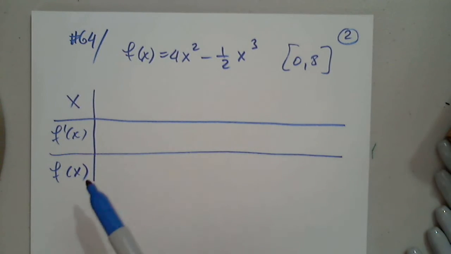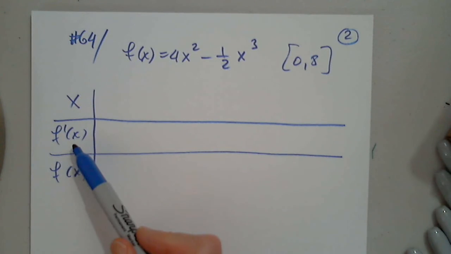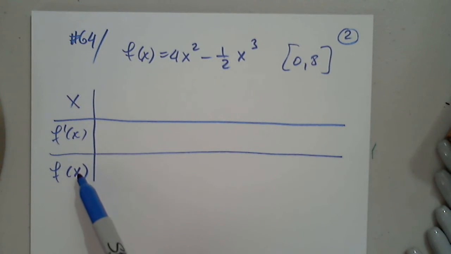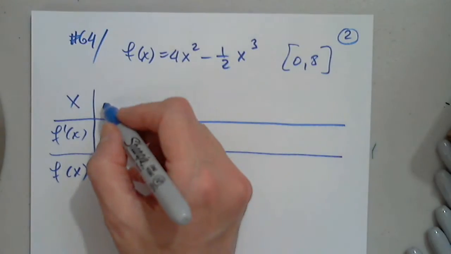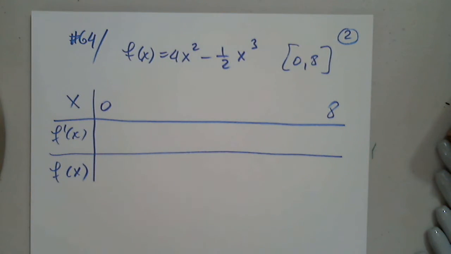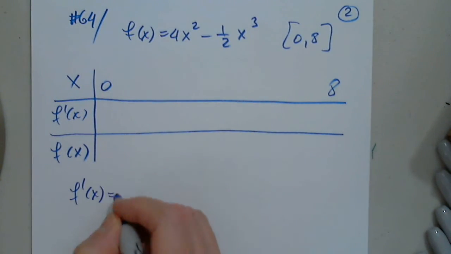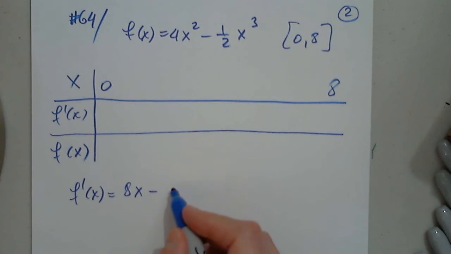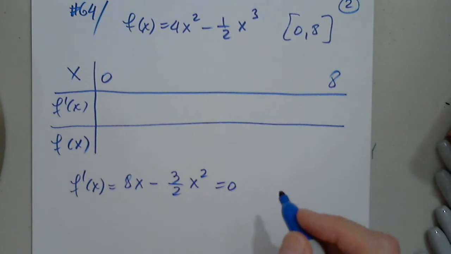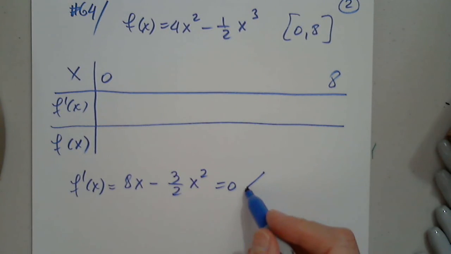Will I really want to go and find the second derivative, which is so much more difficult than the first derivative, just to find the max of this function? I will never do it. But you're brave enough. I commend you. Very good. Okay, so f prime of x is 8x minus 3/2 x squared. When I set this equal to 0, obviously I would factor out x, so the first solution is 0.